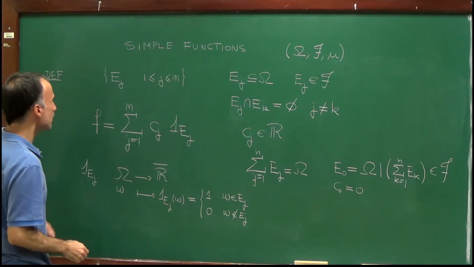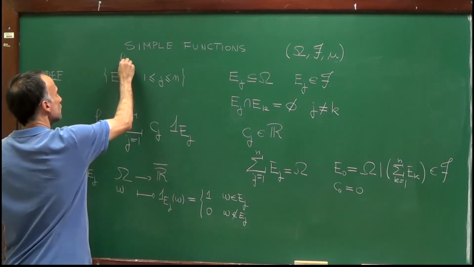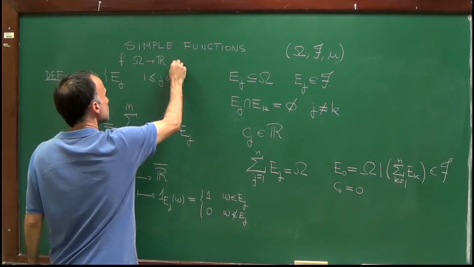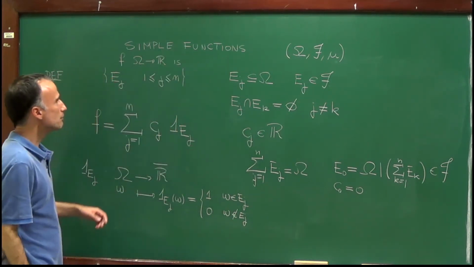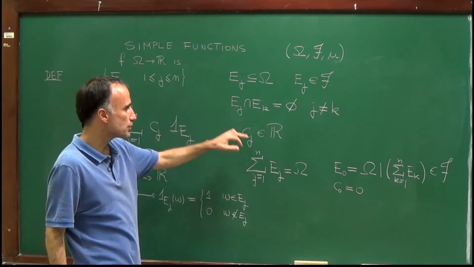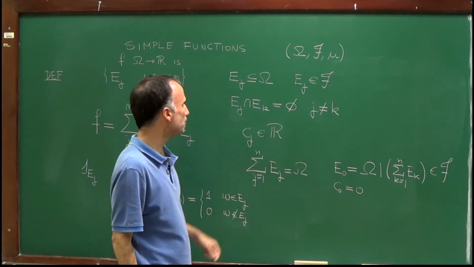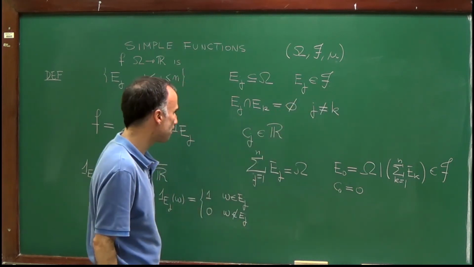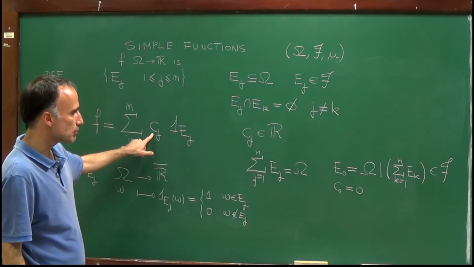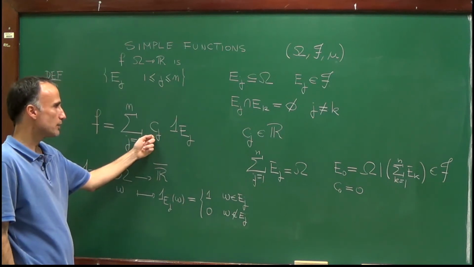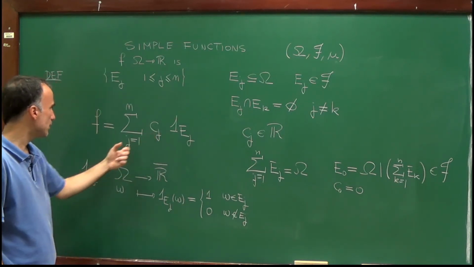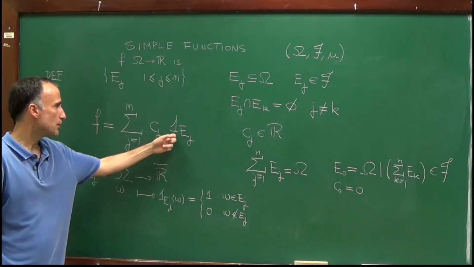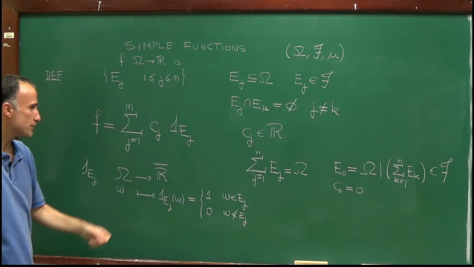I'll say that a function f from omega to R is a simple function if there exists a partition of the set omega by elements in the sigma algebra, and if there exists a finite sequence of real numbers c_j, such that f can be written as the finite sum of c_j times the indicator of the set E_j.